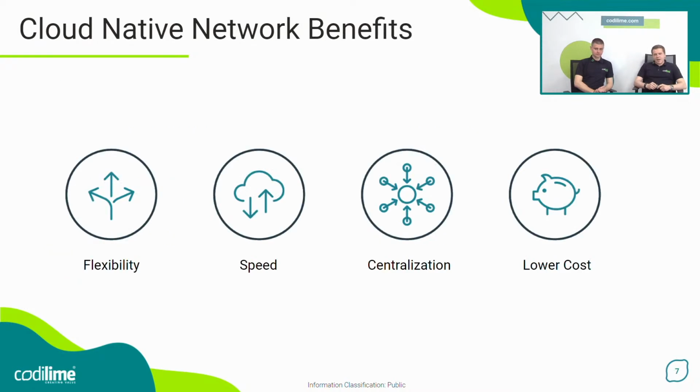And to sum up, the benefits from the business perspective: the cloud native will give us more flexibility when it comes to delivering services. We won't be based or dependent on the underlying hardware.